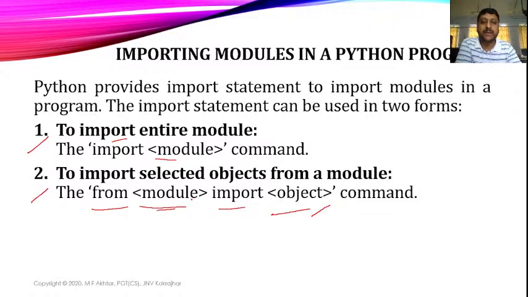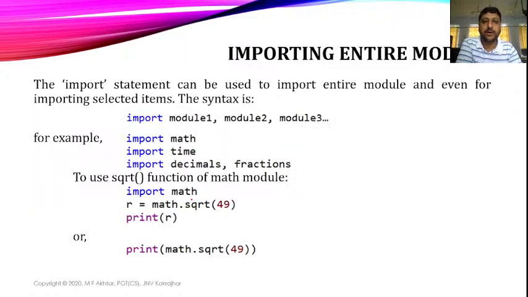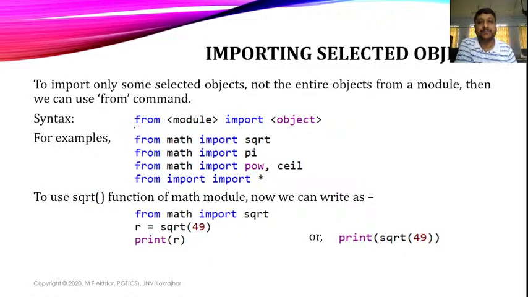The major difference between the from and import statements is that we can import the entire module using the import statement, and we can import selective objects using the from statement.